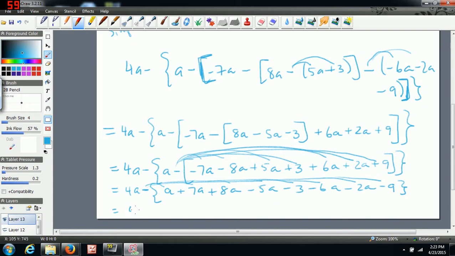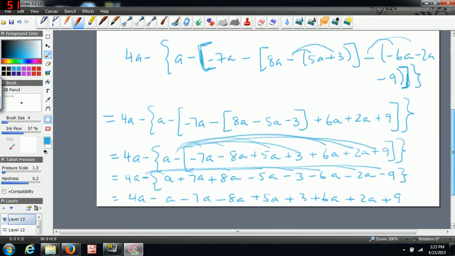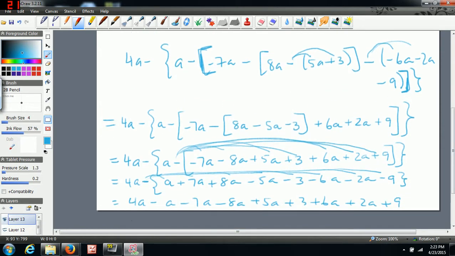So now we have 4a minus 7a minus 8a plus 5a plus 3 plus 6a plus 2a and finally plus 9. At this point, you're just going to add your a's and your numbers. So this here is going to equal the like terms: 4a plus 1a plus minus 7a minus 8a plus 5 plus 6 plus 2.